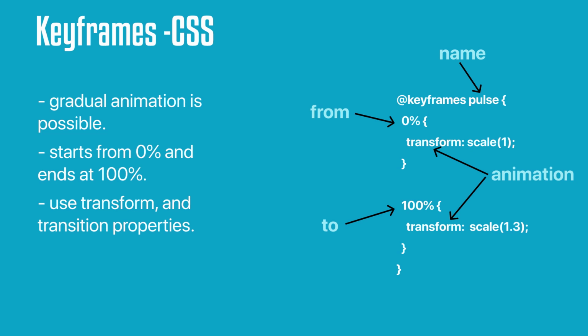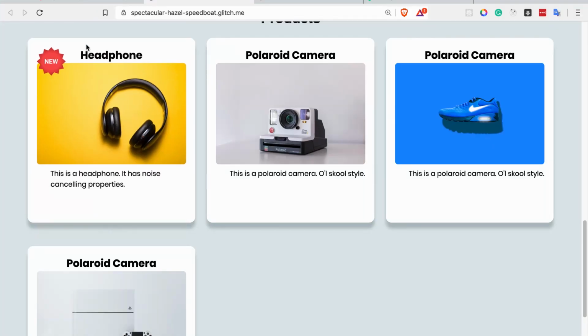So we've got two stages over here: the from stage, which is the starting of the animation at 0, then the end stage at 100% of the animation. So let's add this to our project so we can animate the sticker.